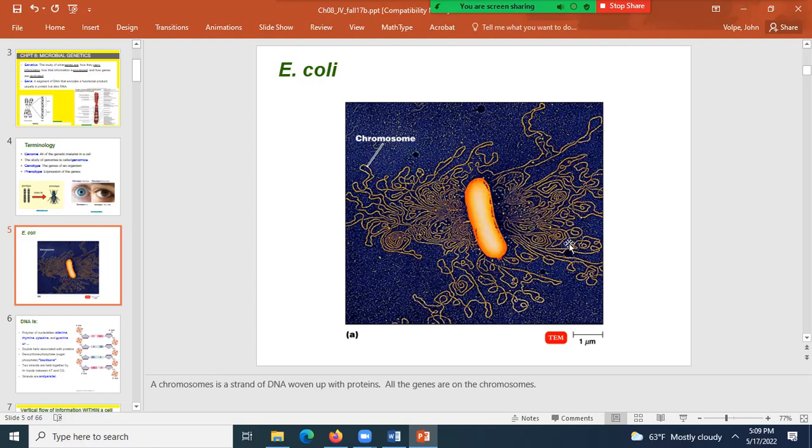A chromosome is the strand of DNA woven with proteins, especially in the eukaryotes that have the DNA wrapped around the histone protein. But prokaryotes have proteins in their chromosome as well. It's just not a histone protein. And all the genes are on the chromosomes.